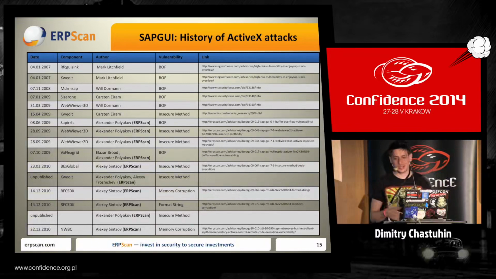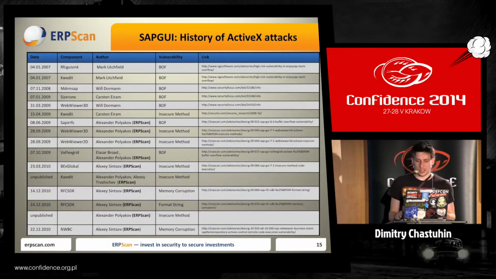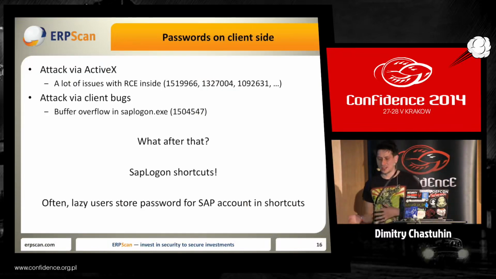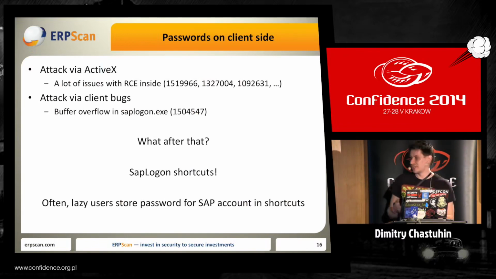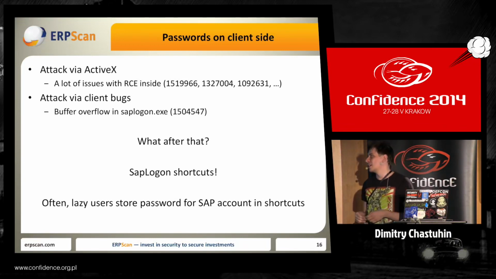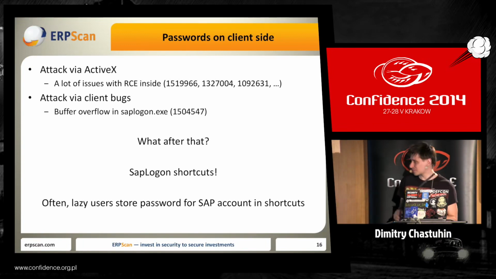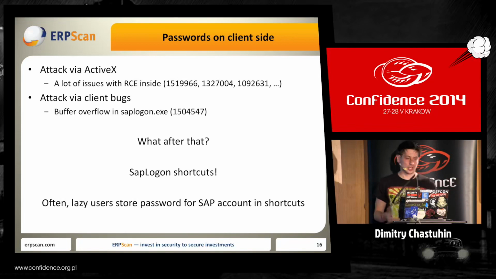SAP GUI is the most popular SAP client software. So when the administrator installs SAP GUI, he also installs a lot of ActiveX components. And these ActiveX components also have a lot of different issues which allow the attacker to execute remote commands or display files through insecure methods.